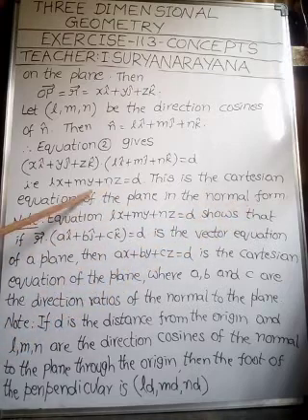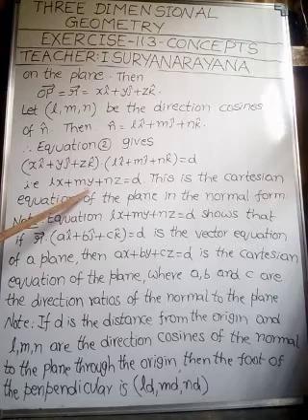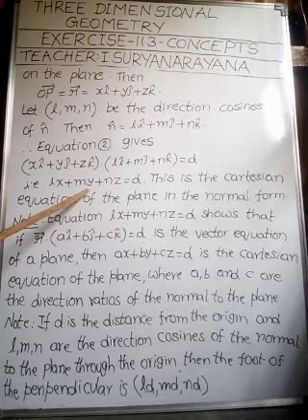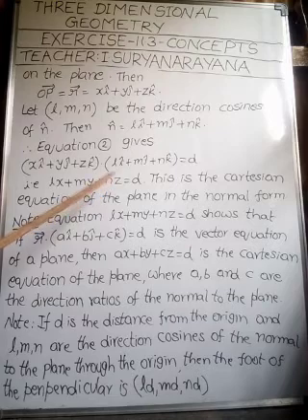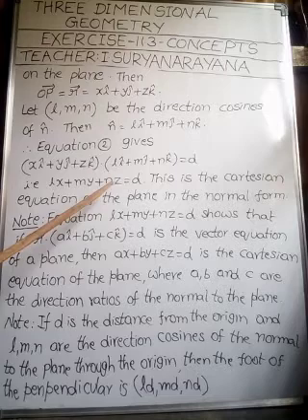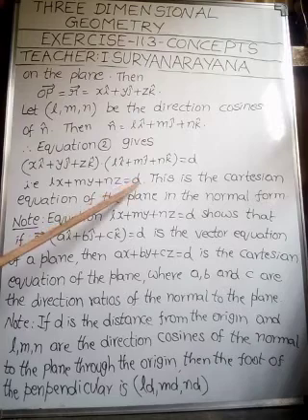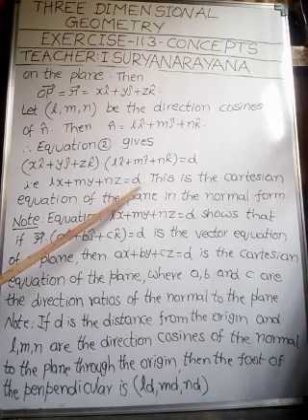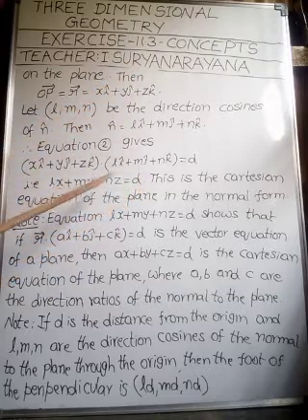In this equation, x, y, z denotes any point on the plane. l, m, n denotes the direction cosines of the normal to the plane. Remember these points, my children. And here small letter d denotes the distance of the plane from the origin. Okay, my children. Understood these points?